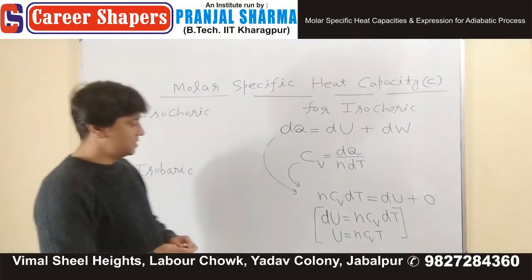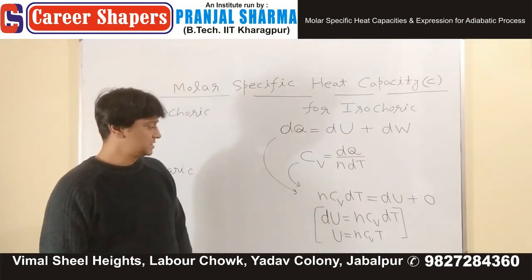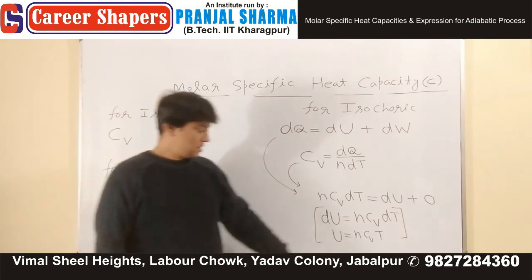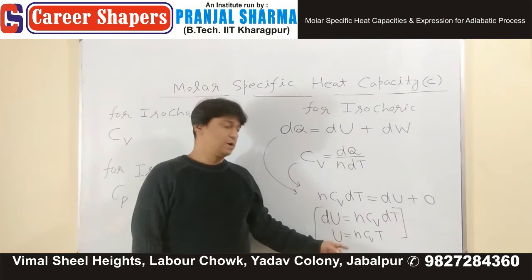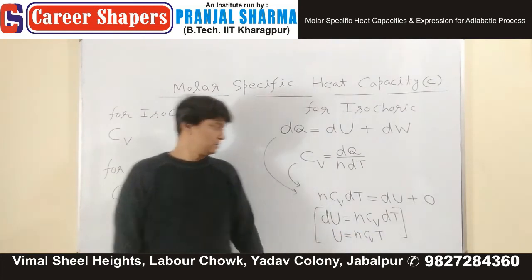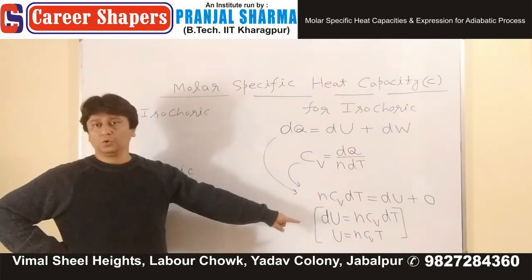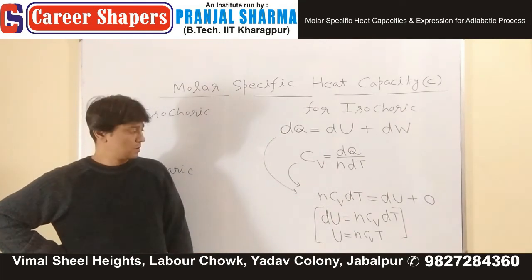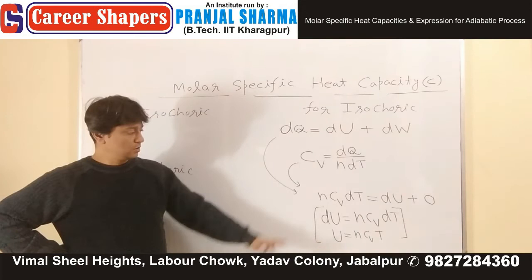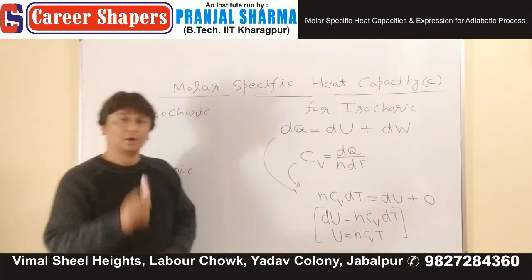Write down the statement. Internal energy of a system depends upon its temperature and is given by U equals to NCVT. Next line.